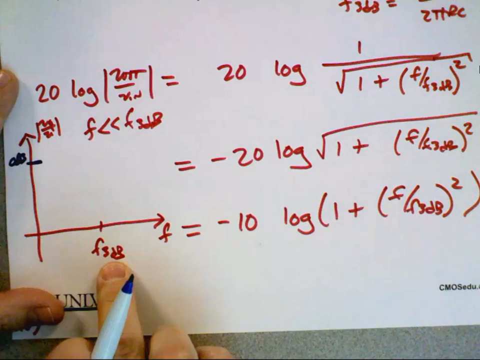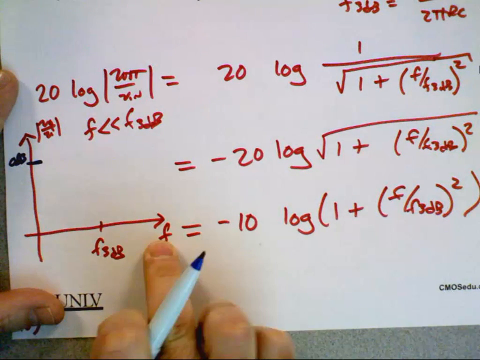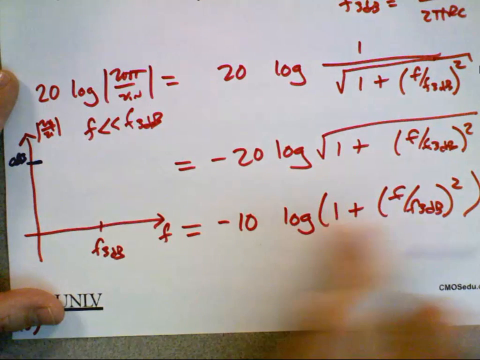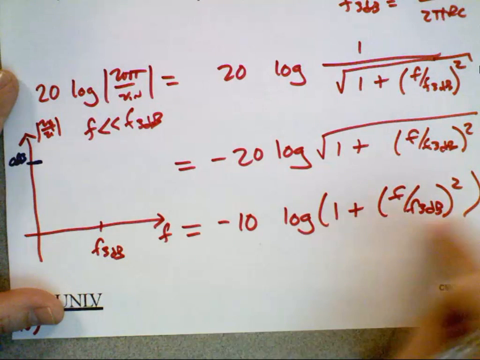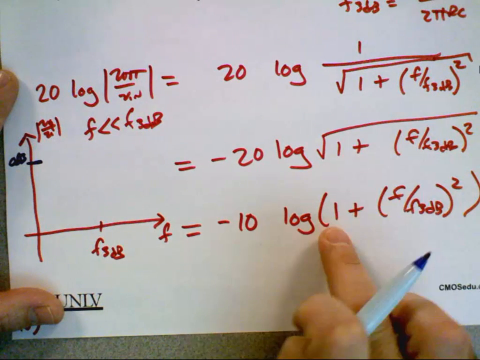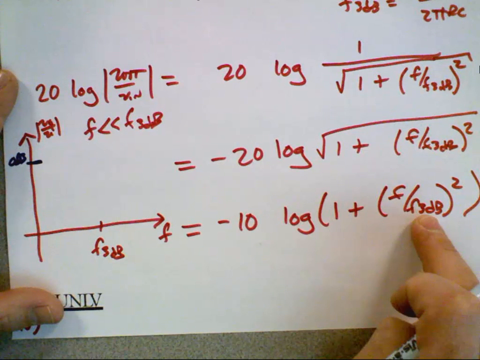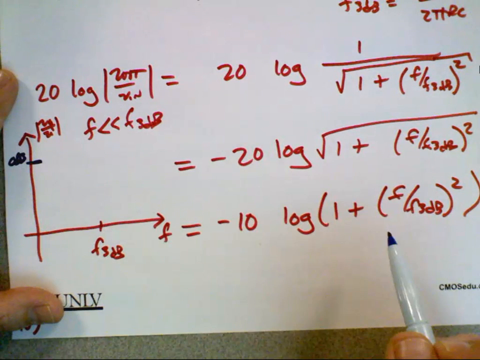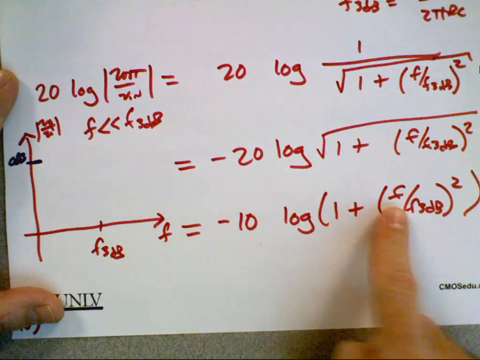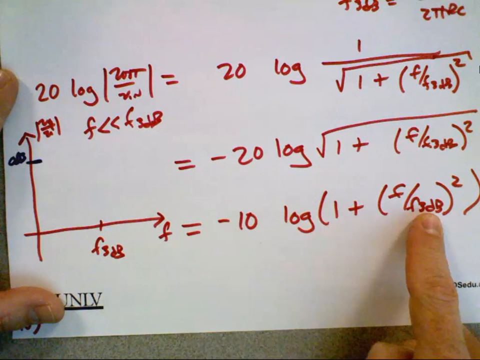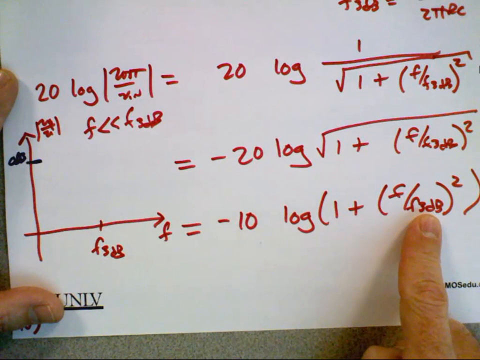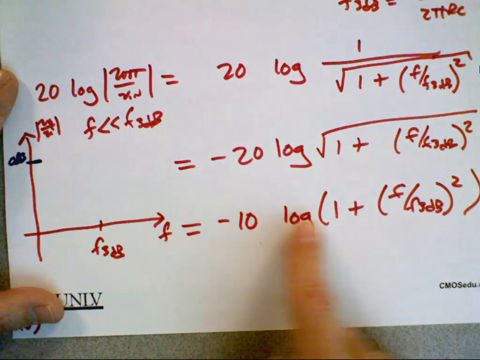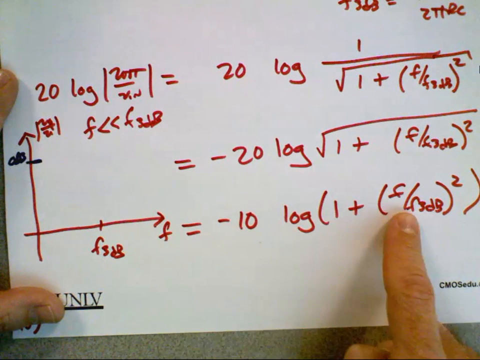When F is equal to F3dB, what is this? Yep, 2. So log of 2 is roughly? Well, okay, so if F is equal to F3dB, this is log of 2, right? So what's minus 10 log base 10 of 2?